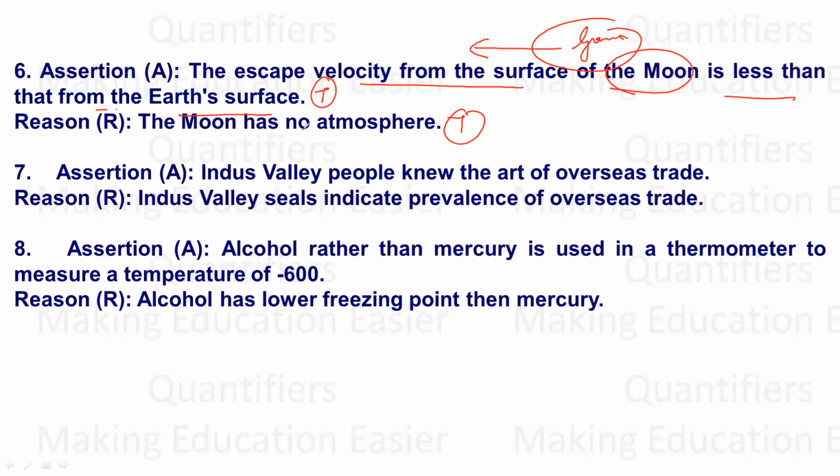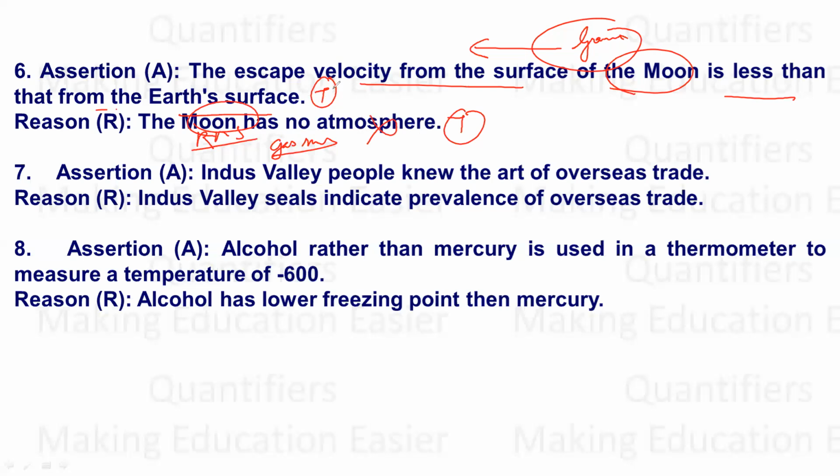Okay, and due to the lower escape velocity, the gas molecules easily escape from the planet, as the escape velocity becomes less than the root mean square, or RMS, velocity of gas molecules, resulting in no atmosphere. Okay, so that is the case.